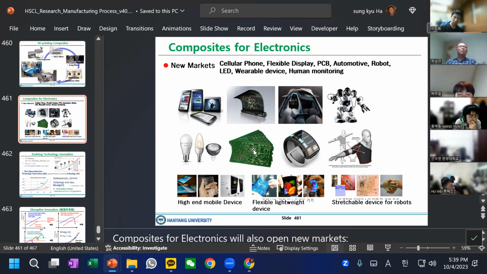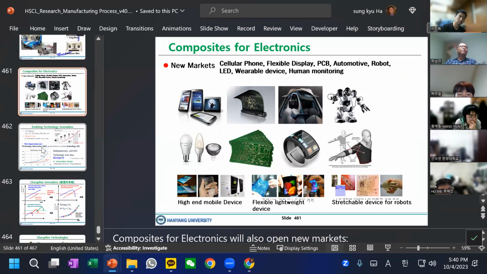These are all layered, and we need to understand the layered behavior.